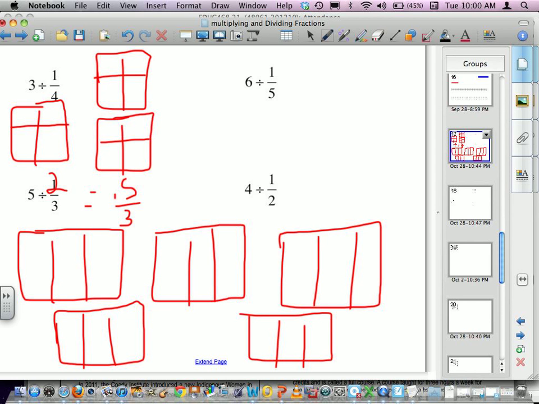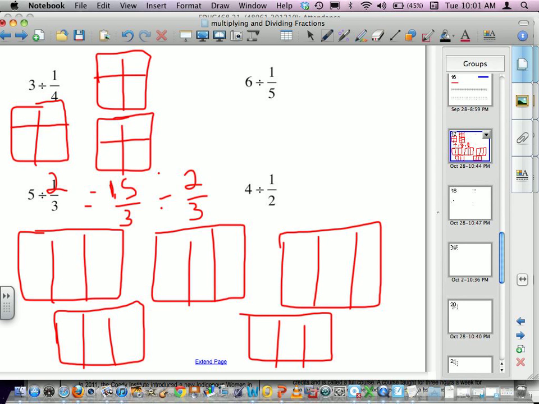Yes? Divided by 2/3. Right? 15/3 divided by 2/3. This is the exact same expression, right? Because 5 can be written as 15/3.